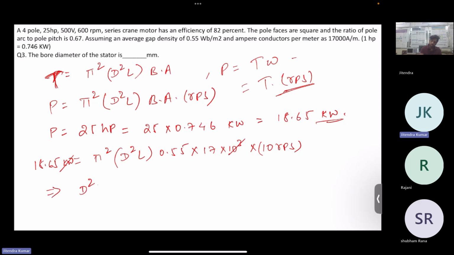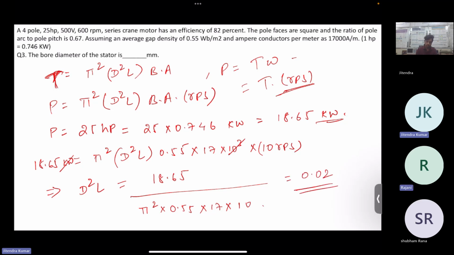So we can calculate d square L equal to 18.65 divided by pi square into 0.55 into 17 into 10. Can you calculate that for me? It's 0.02.